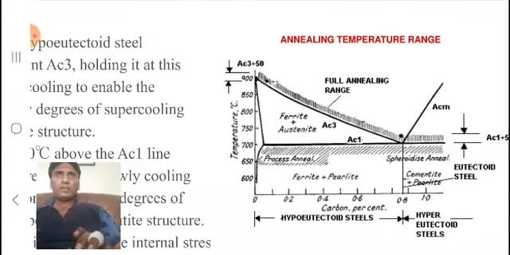So this is the main reason why hypereutectoid steels are not heated above the ACM line as they are heated above the A3 line in hypoeutectoid steels.